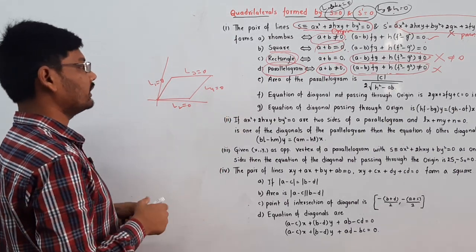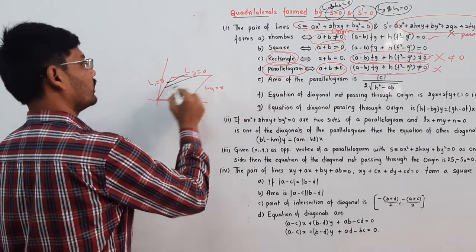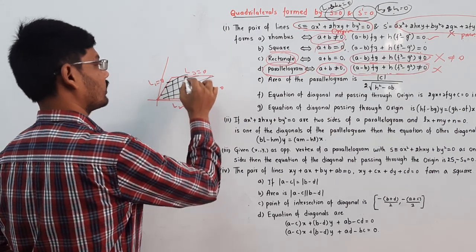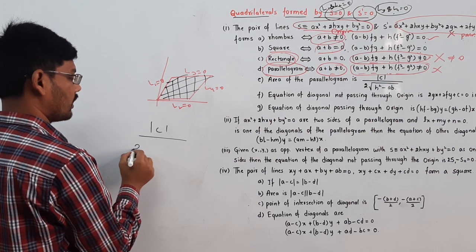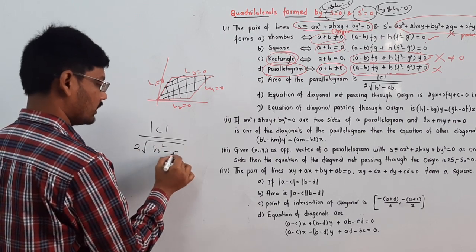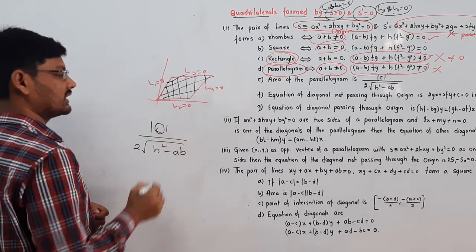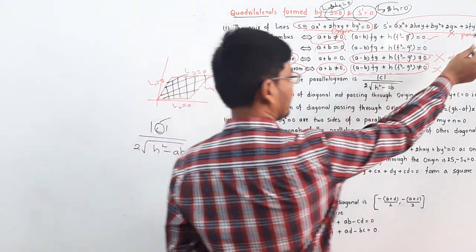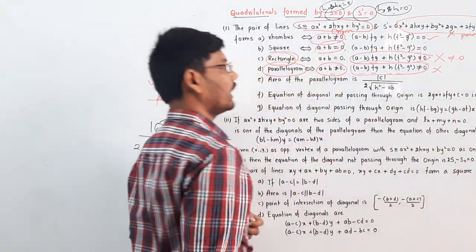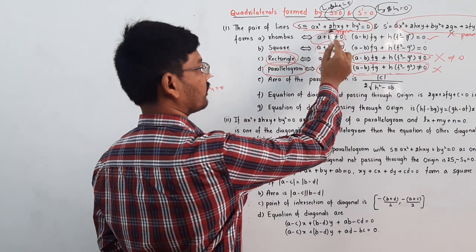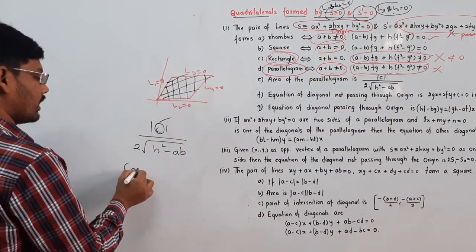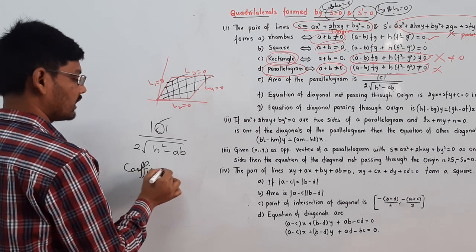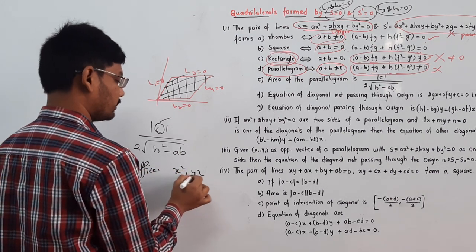If you want to find the area of this parallelogram, it is mod of c by square root of 2 into (h square minus ab), where mod c is nothing but the constant of this value, h is the coefficient of xy, and a and b are the coefficients of x square and y square respectively.